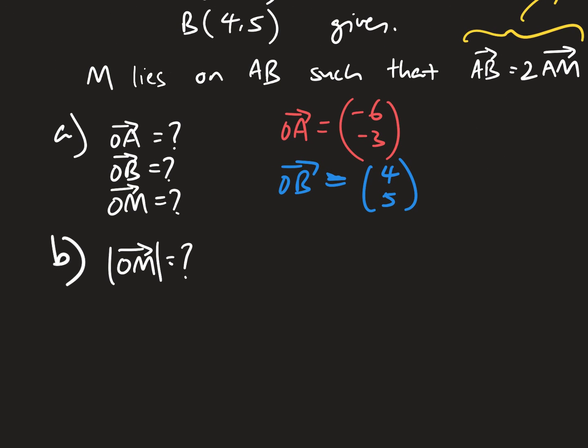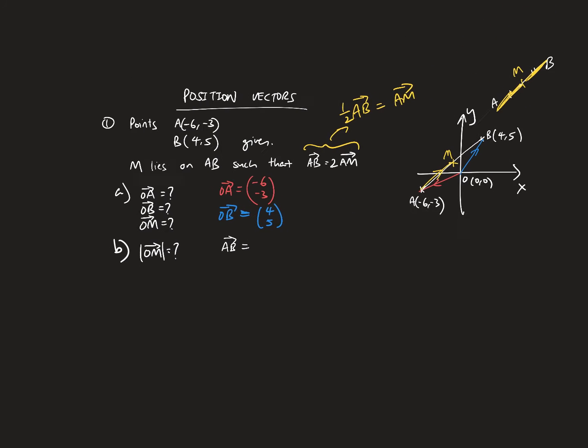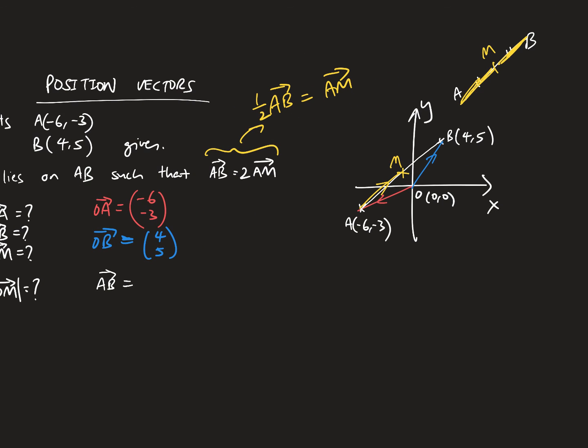Let's say we go from A to B, but before that we need to go from A to O and then O to B.